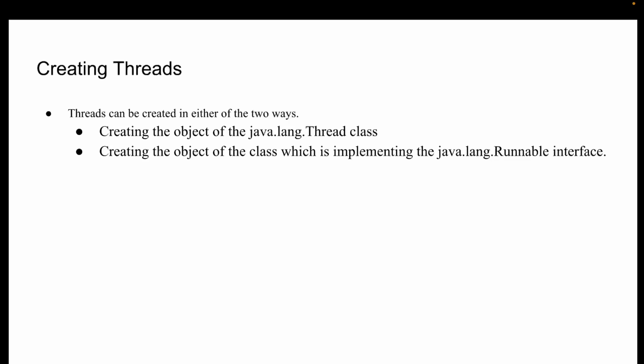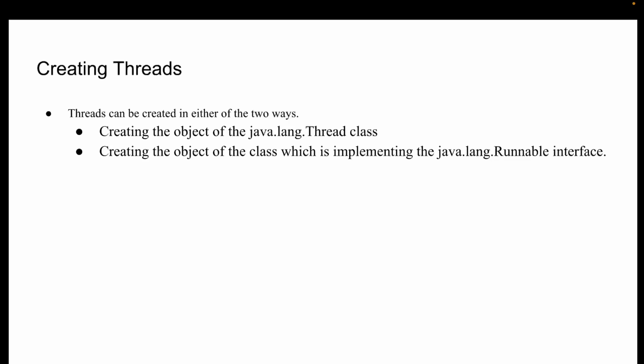So let's say you have a class created that implements the Runnable interface. You need to create the object of that class which is implementing the Runnable interface. We'll go over the code and see how you can create the threads. This is an important interview question as well.